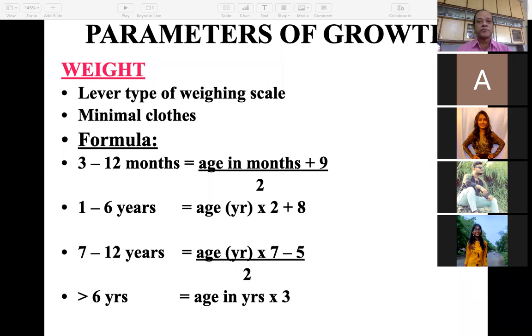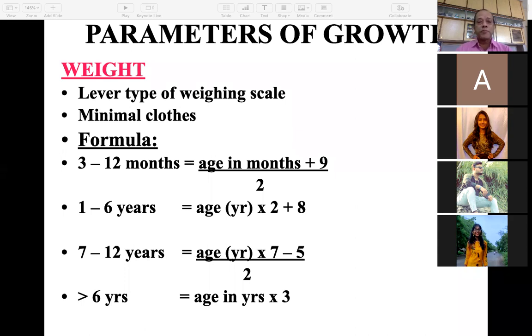OPD practice. So while taking weight, please remember the lever type of weighing machines are preferred rather than the round type of weighing machines which are outdated now. While weighing the child, there should be minimum clothes, and this principle should be followed every time. So the number of clothes should be as minimum as possible so that the weight of the clothes is not recorded.